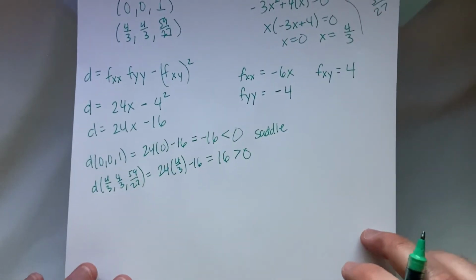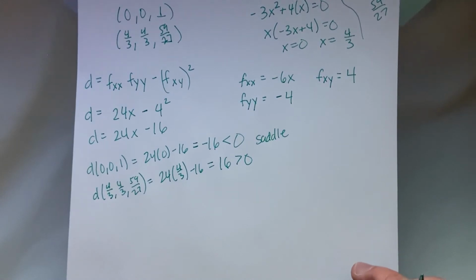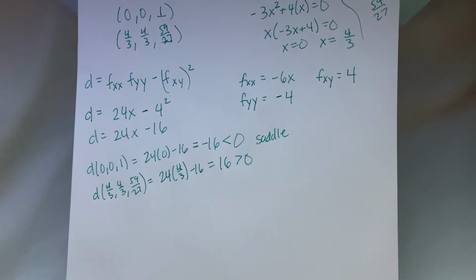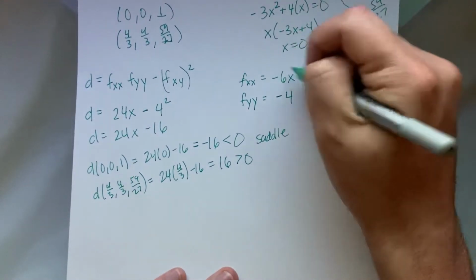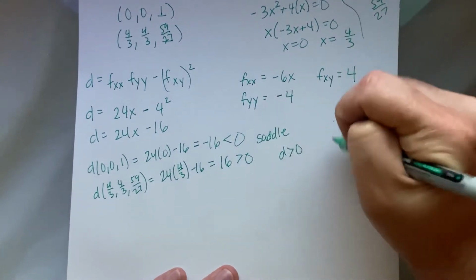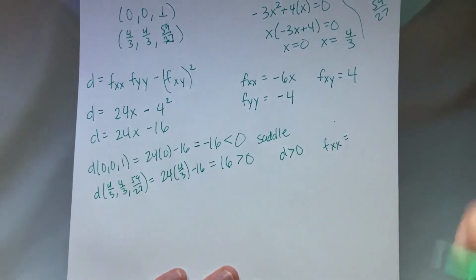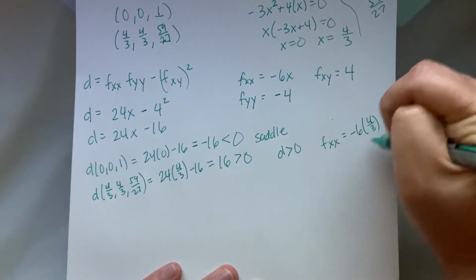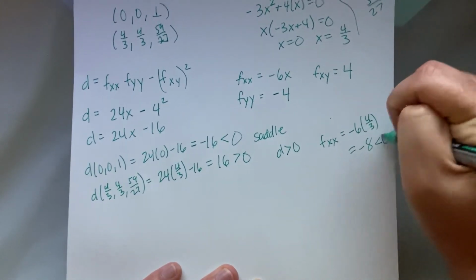Now what does it say? That means our D is positive, and our f_xx is what? I have to plug it in here, so D is greater than 0. My f_xx at that point, second partial derivative with respect to x, is negative 6 times 4/3, which is negative 8, which is negative.